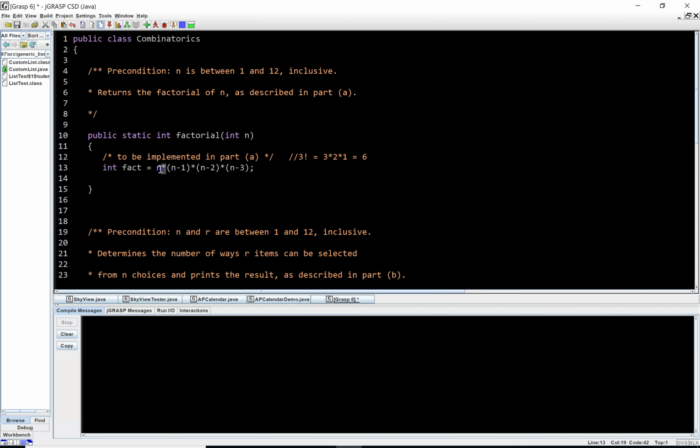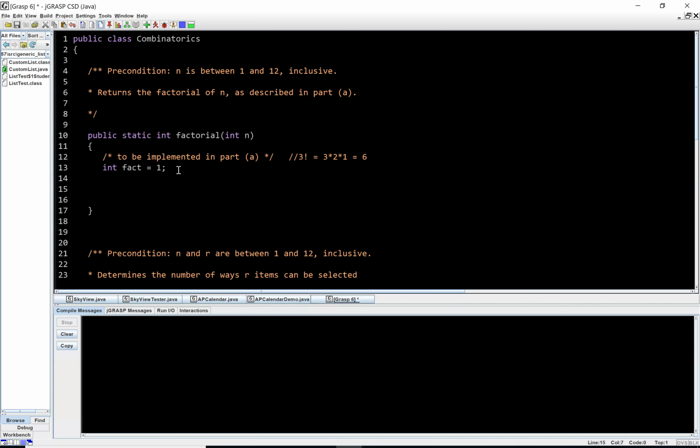What we do have here is repeated multiplication. And so I can actually start factorial at 1, which is what you would get if n was 1. If n is 1, you'd get 1. And so I could say something like, while, let me think here, n is greater than, we could probably do greater than or equal to 1.